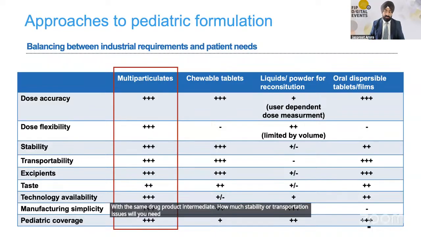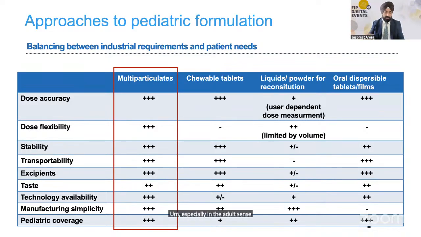Are you going to be going to different climatic zones? So all these things. Taste masking is also big in multi-particulates for pediatrics, especially in the adolescent range where they are taking some kind of oral formulation. So all these things are something that one must think about when talking about pediatric formulation design.